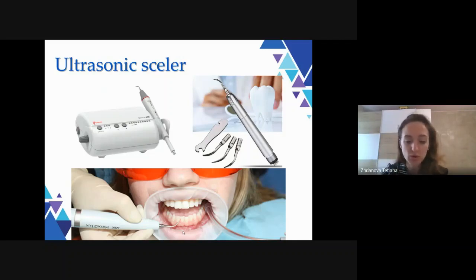So when you hear that professional hygiene is a very simple procedure, it is not true, because sometimes if a patient has big deposits, a lot of calculus, it's not a very simple procedure, and we need to work near the gums, and if we touch our gums with these instruments, we can cause trauma.